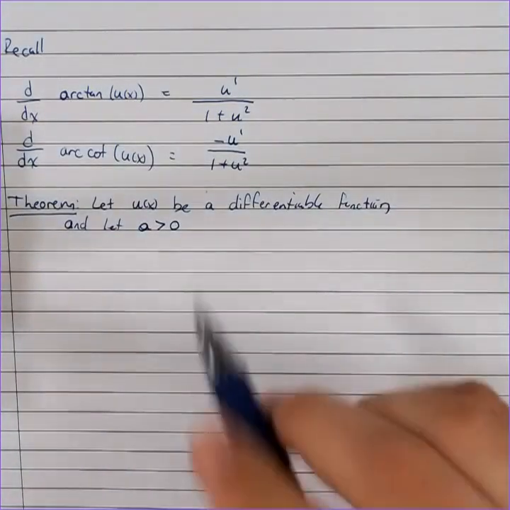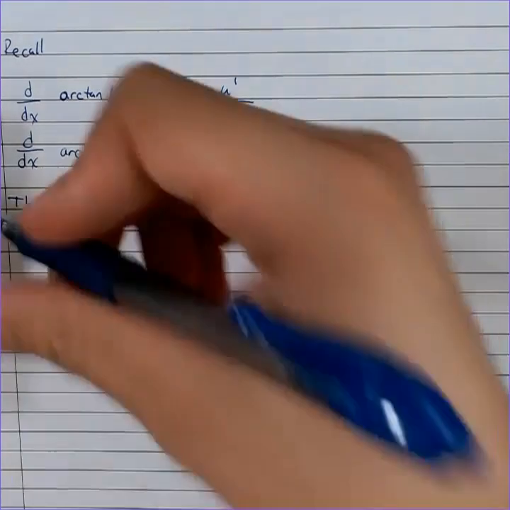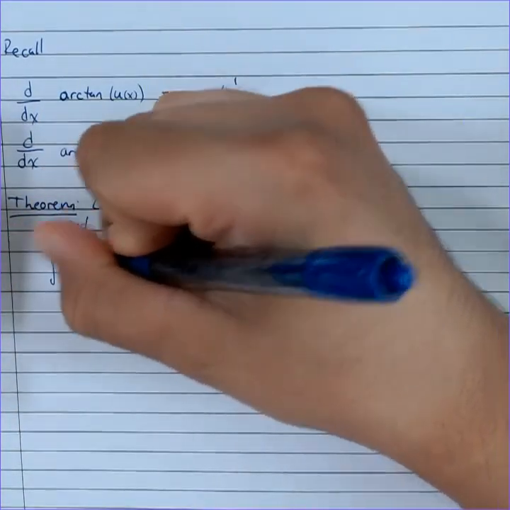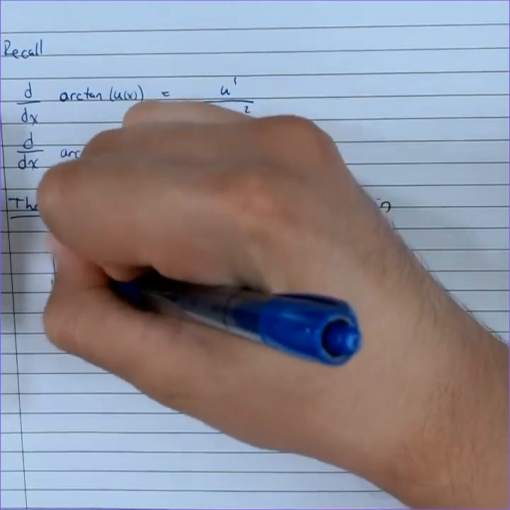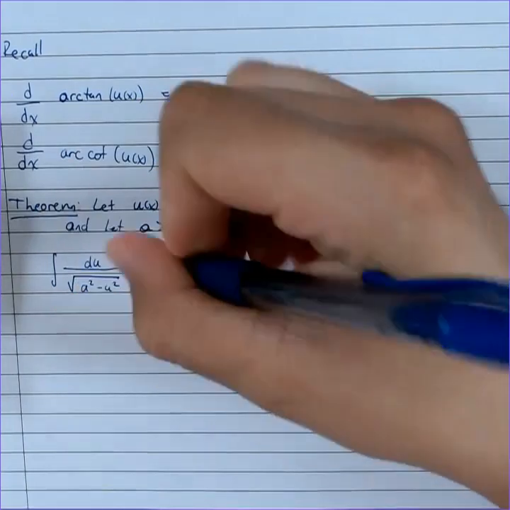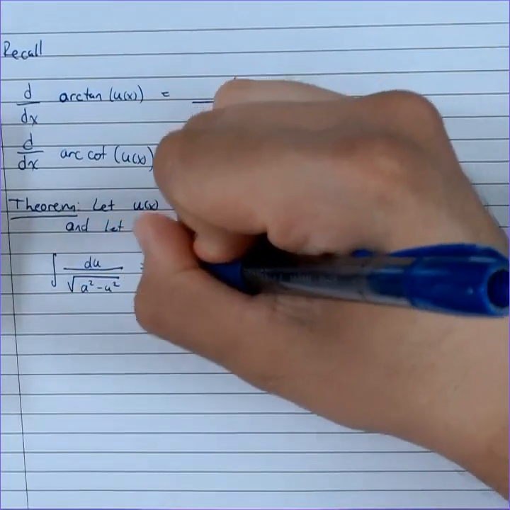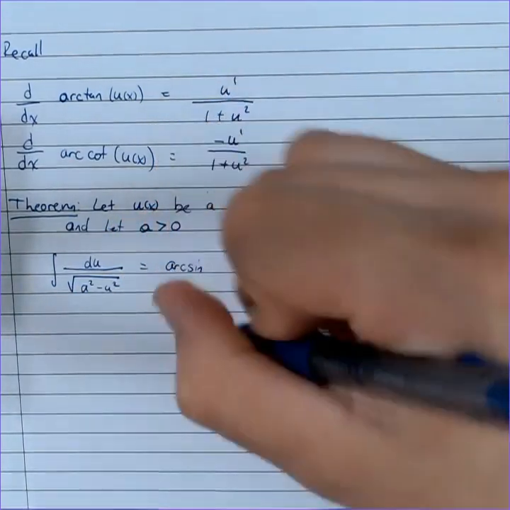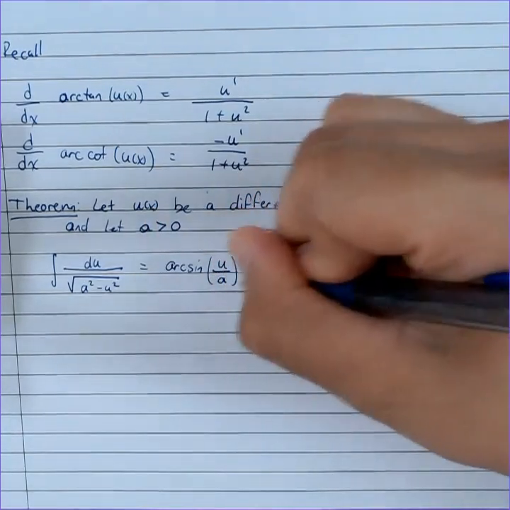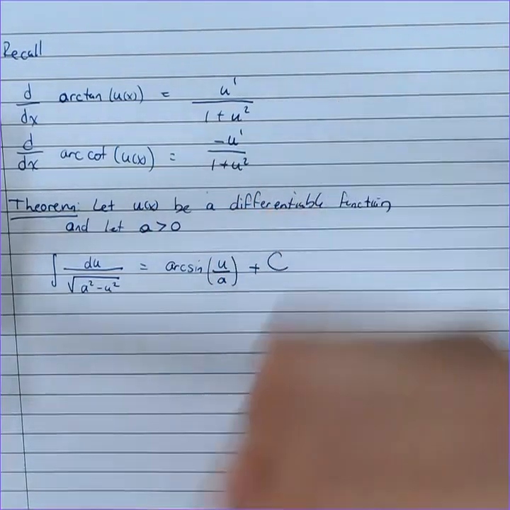Assuming that you have a differentiable function of x and a positive constant, then the antiderivative of du over the square root of a squared minus u squared is equal to the arcsine, or the inverse sine, whichever notation you prefer, of u over a, plus the typical constant of integration.